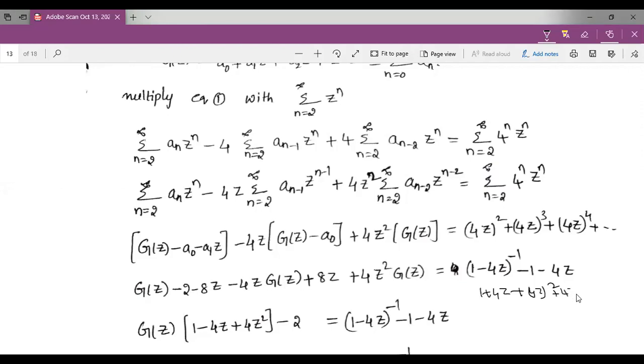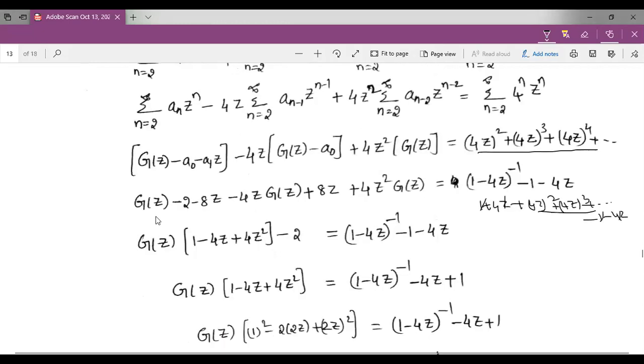So this can be written as (1 minus 4z) inverse minus 1 minus 4z. The first two terms are cancelled and the remaining series is (4z)^2 plus (4z)^3 plus (4z)^4. So the series can be written as (1 minus 4z) inverse minus 1 minus 4z. There is no change in that value.